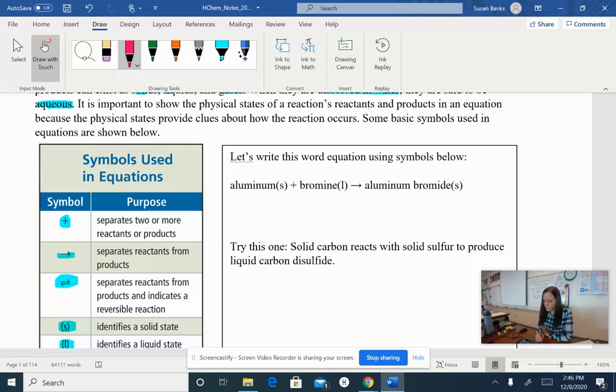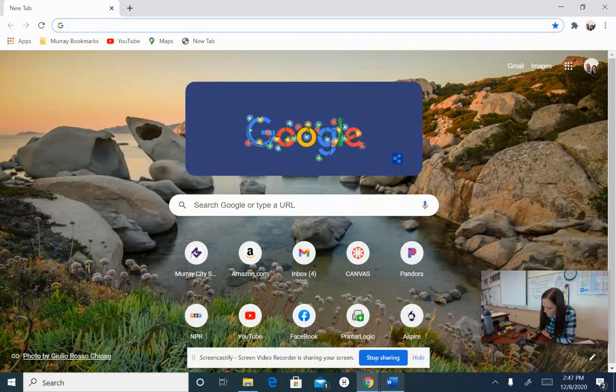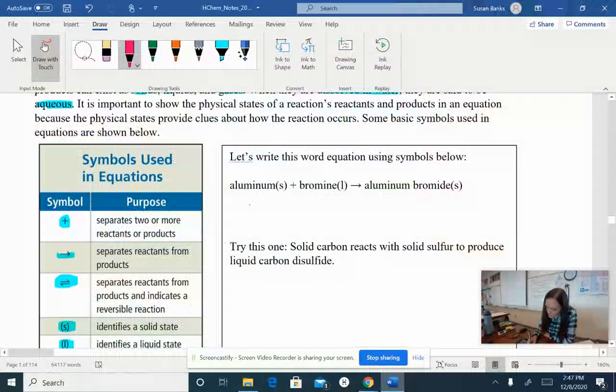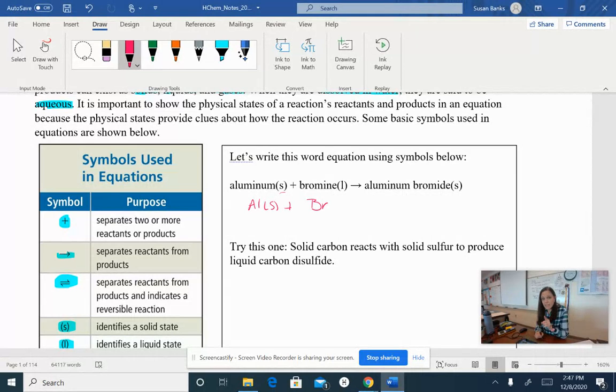So aluminum, the symbol for aluminum is Al, and it's a solid. So I'm going to say it's a solid. Bromine. The symbol for bromine is Br, but the thing about bromine, it's kind of tricky. It is what we call a diatomic molecule.